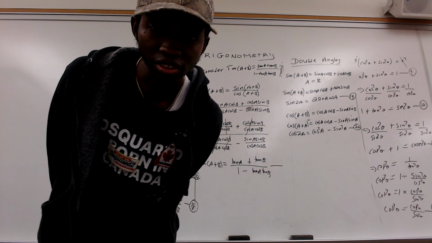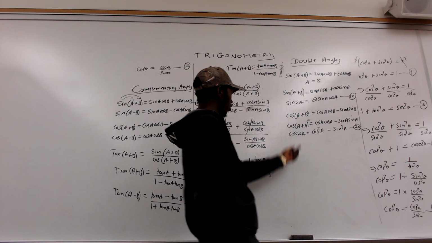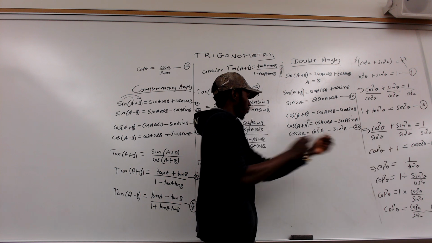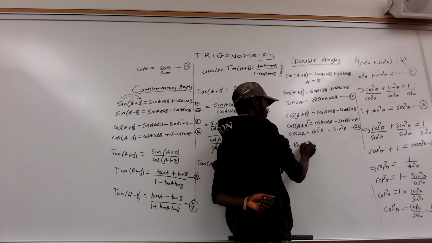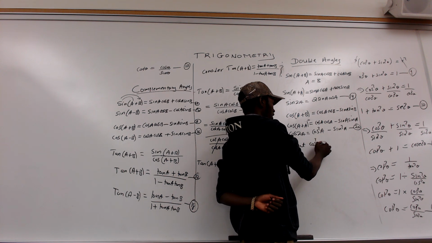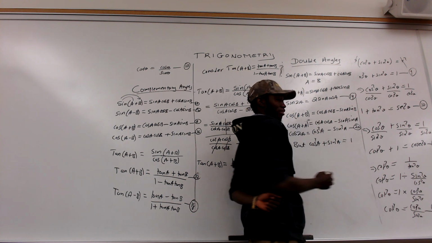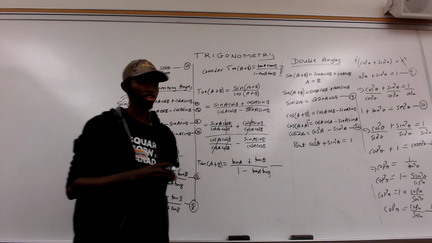Having this identity 20, we have a lot of ways to further simplify cos 2A. We all know that cos square A plus sin square A gives us 1. We should not forget this; it is very, very important in short cases.